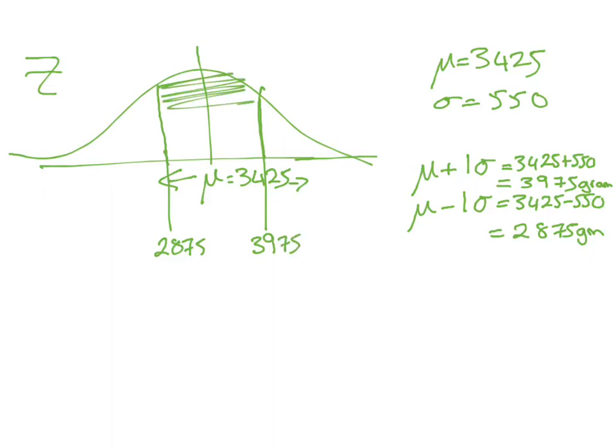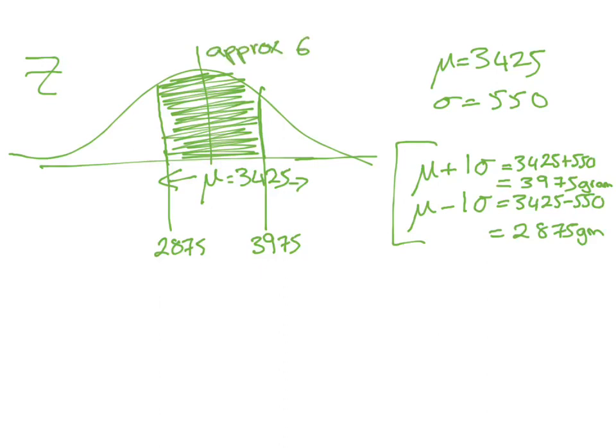Now I know, and this is one of the theoretical pieces of knowledge I have, is the area between that. If I go plus or minus one standard deviation, then that area there is approximately 68%. Okay, so about 68% of the data is within one standard deviation of the mean.